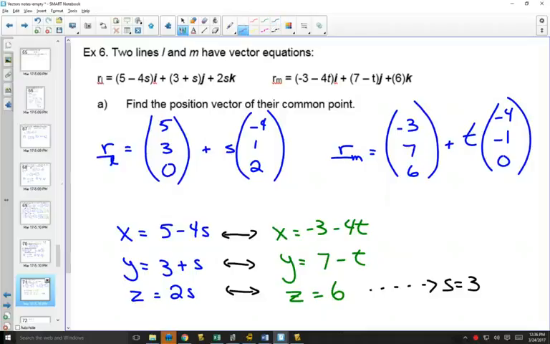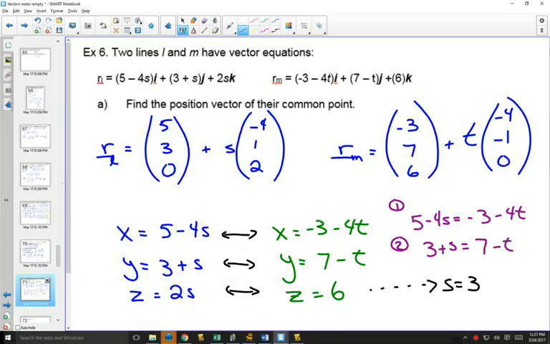Would you agree that 5 minus 4s, if the x coordinate is in common, would have to equal negative 3 minus 4t? That could be one equation using two variables, s and t. And if I equated my y coordinates, I have 3 plus s is equal to 7 minus t.